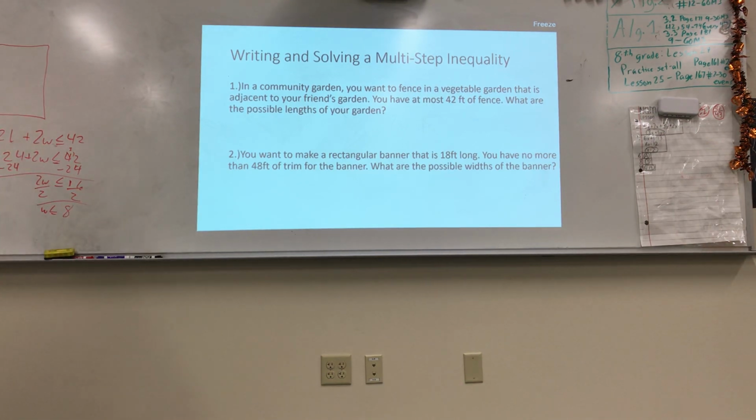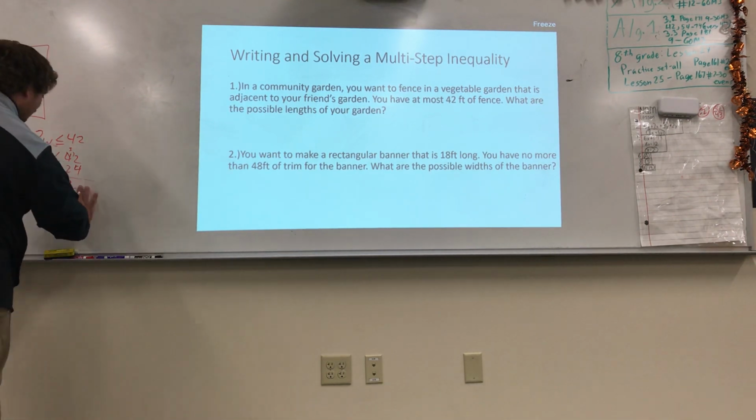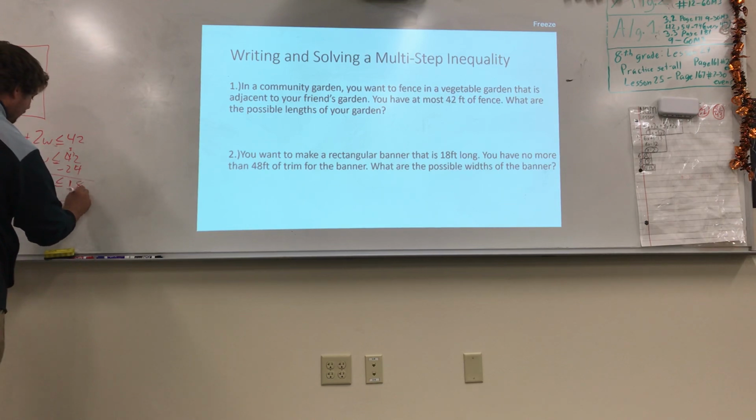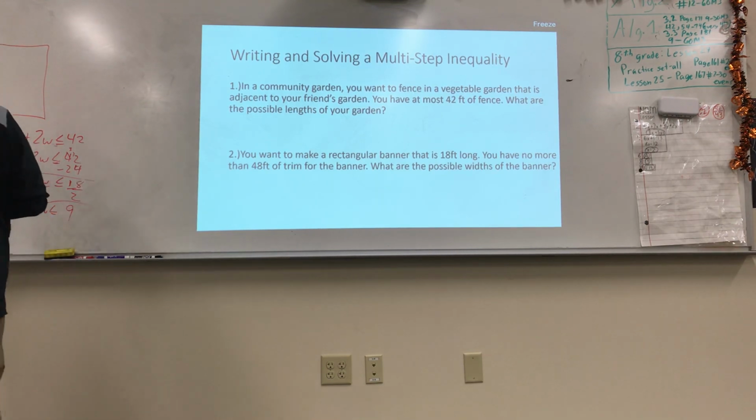Your width at most could be 8 feet. And I must have done something wrong with the subtraction. Oh, I did. This would be 18, then divided by 2 is 9. So at most it could be 9 feet. My bad. I was thinking that didn't look completely right, but I had to double check.